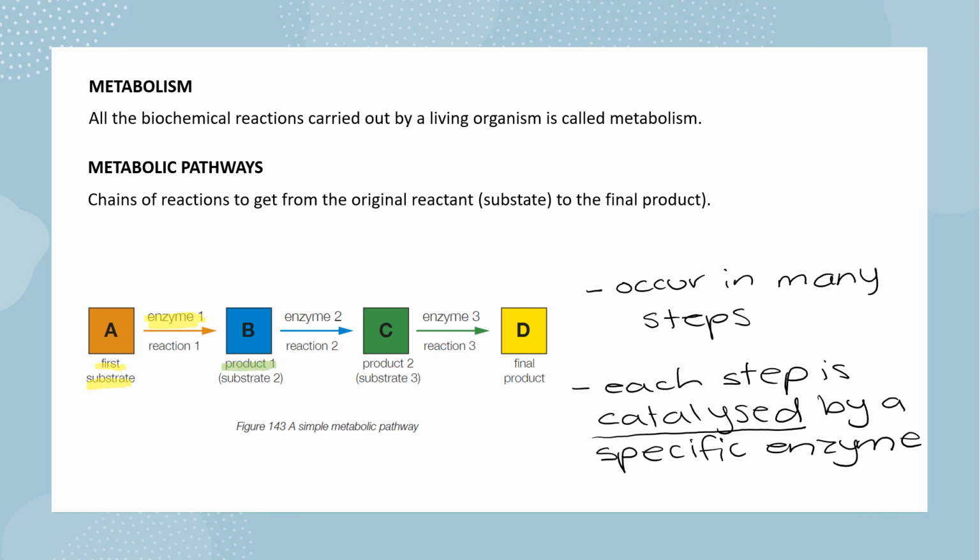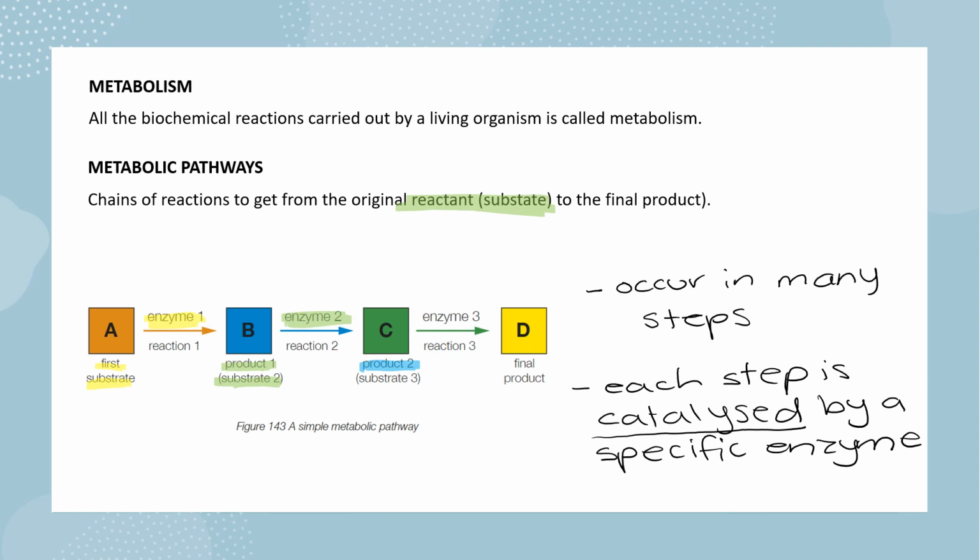But because this is a metabolic pathway and product 1 isn't the final product we want, we end up with a new substrate or a new reactant. Because remember, we use these interchangeably. When we're talking about DNAs and proteins, you'll hear the term substrate a lot more. So substrate 2 can only be catalyzed by enzyme 2. And then we move on and we make a new product.